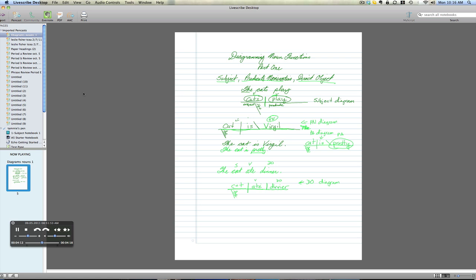Now, interestingly enough, if I said the cat is pretty, pretty is obviously an adjective, and I would diagram it exactly the same way. Let me do it over here.